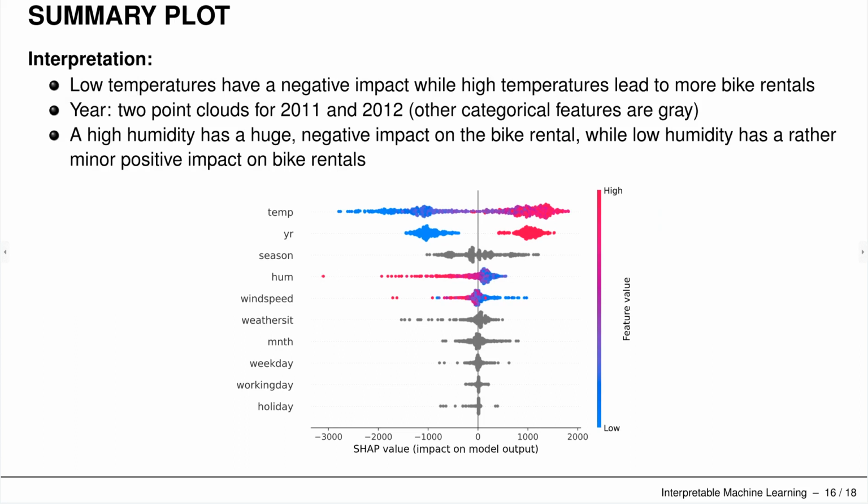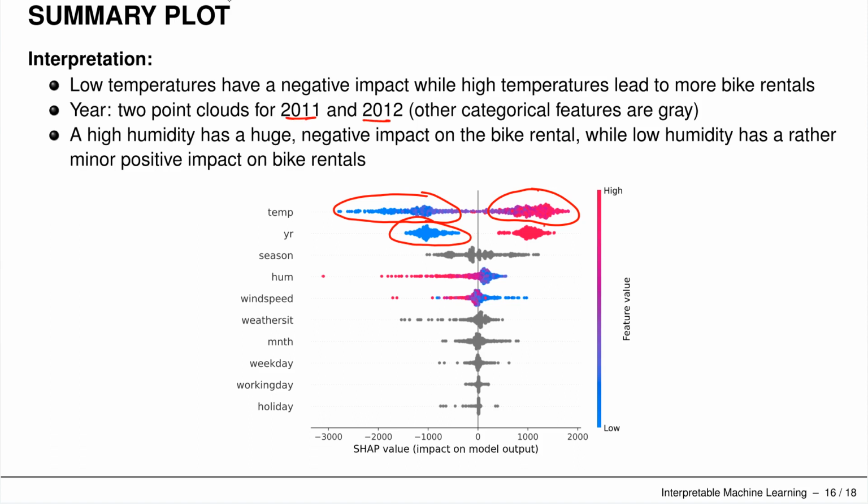We see in this plot that low temperatures have a negative impact. Here low temperatures are coded in blue, and the Shapley values are negative, meaning they have a negative impact. And high temperatures are red, and they have positive SHAP values, so they have a positive influence. For year, we just have two point clouds, because year only takes the values 2011 and 2012.